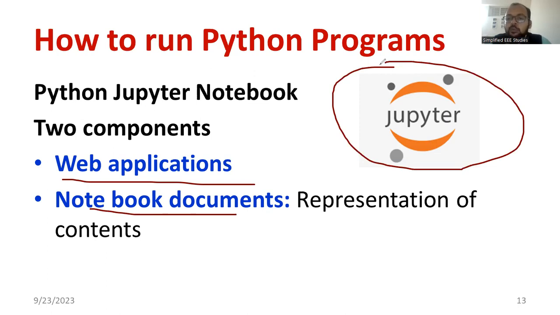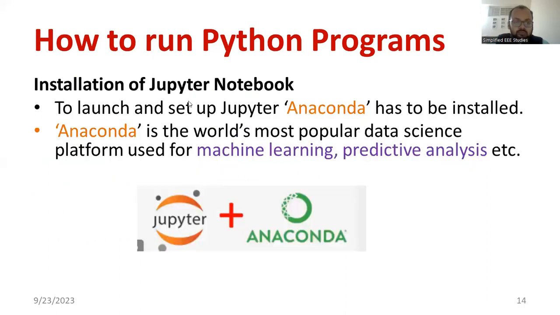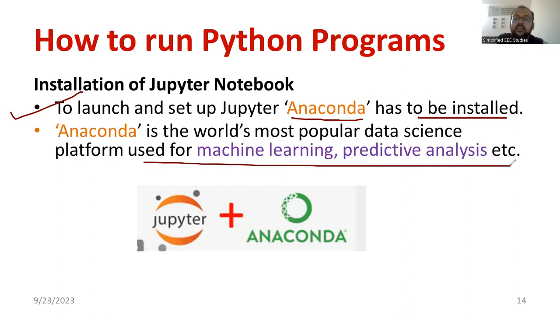In order to support Jupyter, we require one of the platforms called Anaconda. We are going to discuss how to install Jupyter using Anaconda in detail in the forthcoming tutorial. To launch and set up Jupyter, as I already mentioned, Anaconda has to be installed. How to set up Anaconda, I'm going to deal with in the coming session. Anaconda is the world's most popular data science platform, used for machine learning, predictive analysis, etc. If you want to go for artificial intelligence techniques, you should have the Anaconda platform.